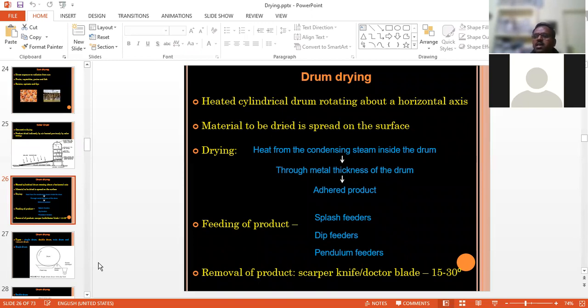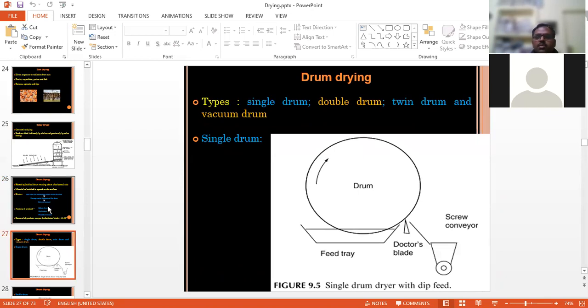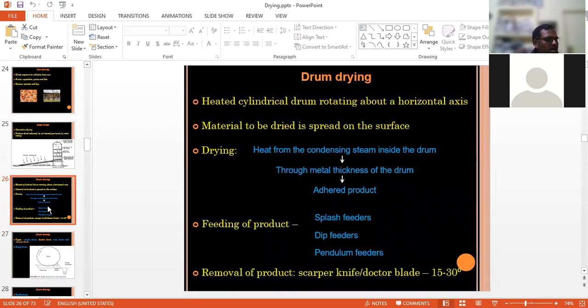You are concentrating the milk. Suppose the milk's total solid is 16 to 20%. So the milk is concentrated and applied in a thin film. You can see the pictures, the different types. It is applied as a film on a smooth surface, on a continuously rotating, steam-heated metal drum.